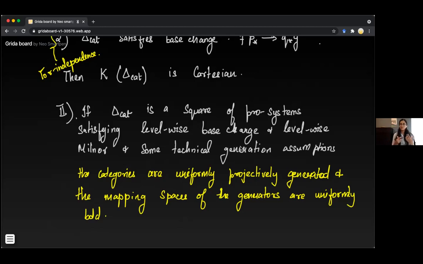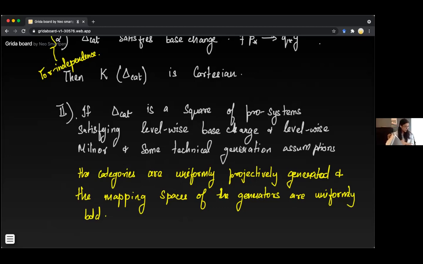All this comes in because you don't have base change and Milner for the same kind of indexing category. So you have to make sure that the pro-equivalence of the O dot and B prime can still be achieved up to some level. And this is what these projective generators would buy for you.